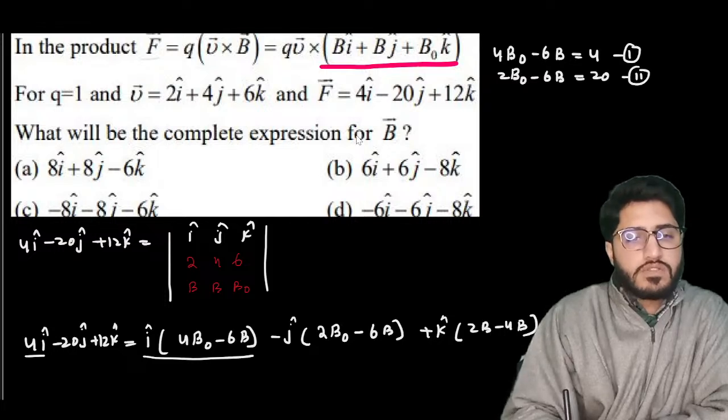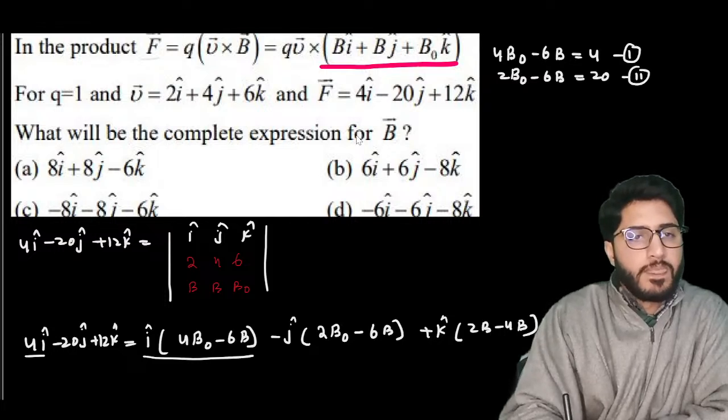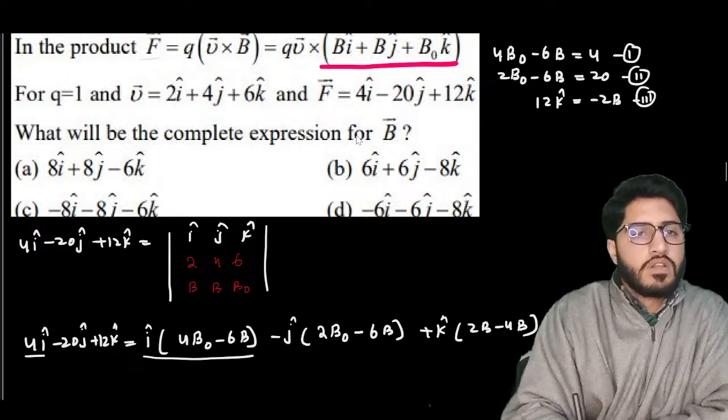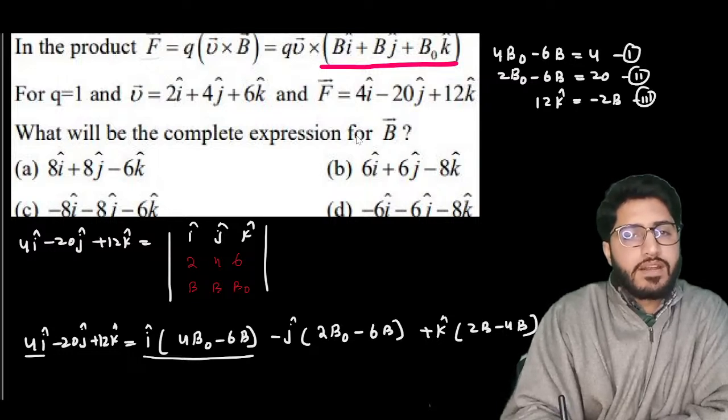Then 2B minus 4B, that is minus 2B, so 12K cap equals minus 2B, third one. So from this one I can write B comes out to be minus 12 by 2, that means minus 6. So B is equal to minus 6.